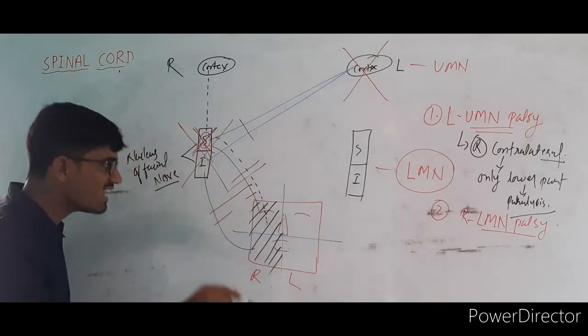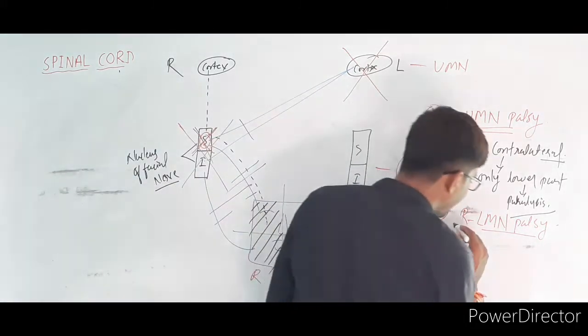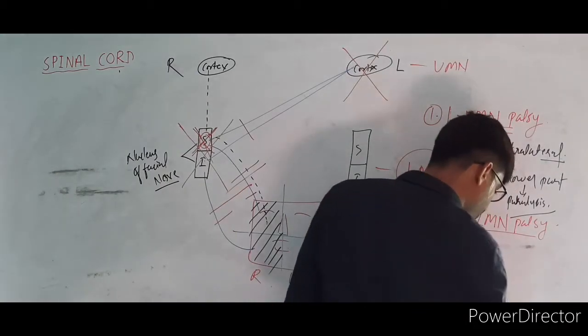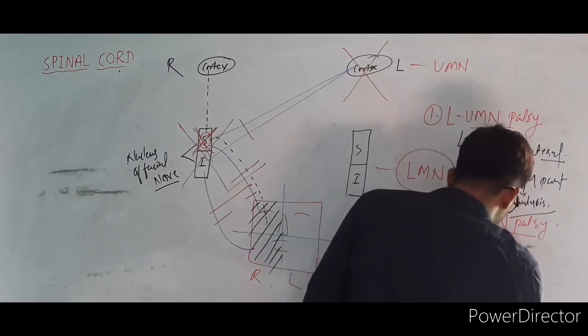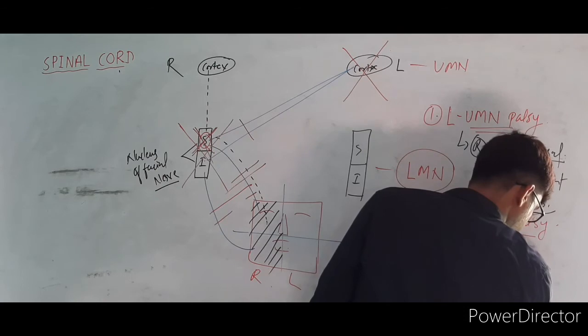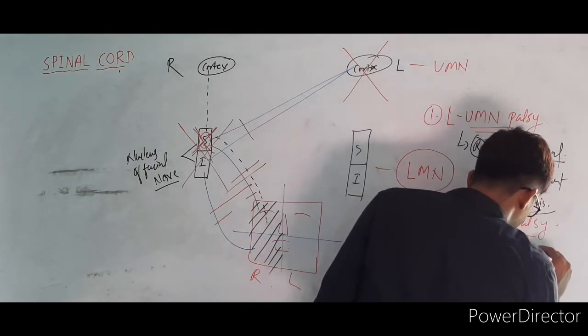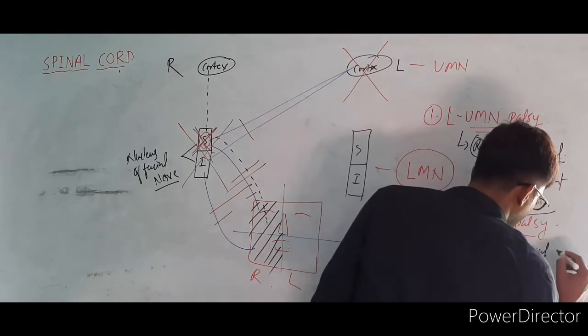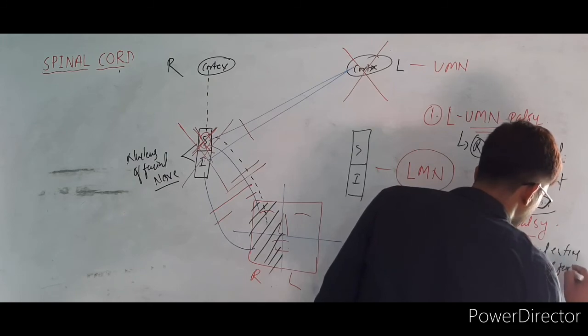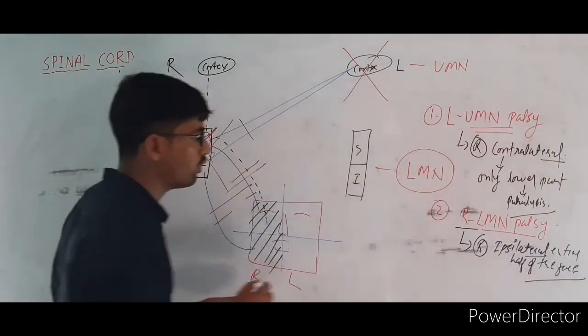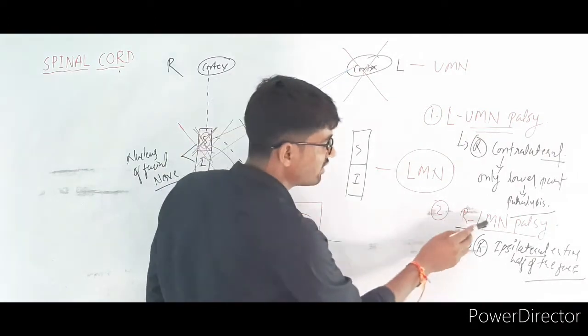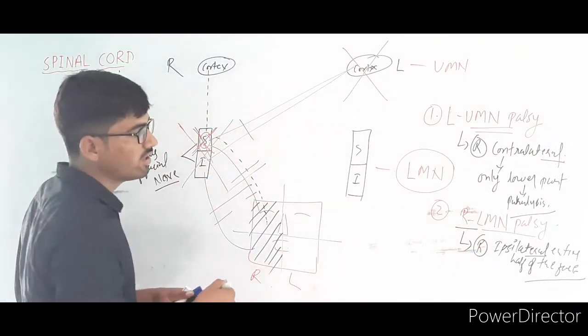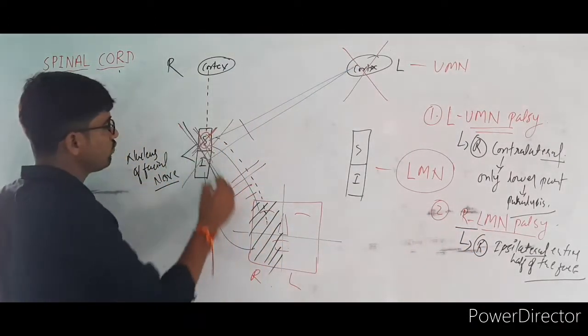It means paralysis happened. So in the right LMN palsy, you can see what will happen: ipsilateral, right side, the entire half of the face. Okay, I hope it's visible. So in the right lower motor neuron palsy, this is fully gone.